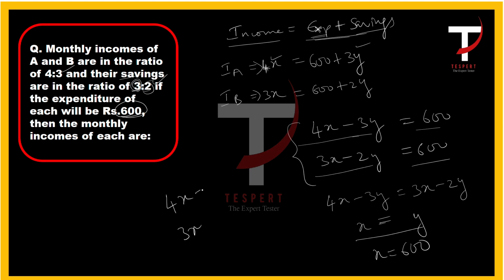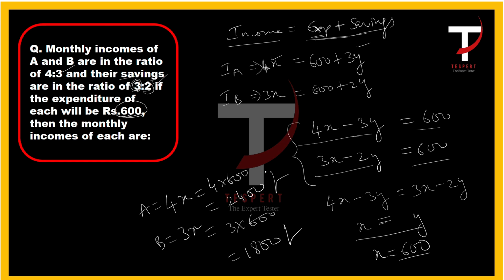So income of A is equal to 4 into 600, that is equal to 2400, whereas income of B is equal to 3x, that is equal to 3 into, what is the value of x? 600, right? So that is equal to 1800. So income of A and B are 2400 and 1800 respectively.